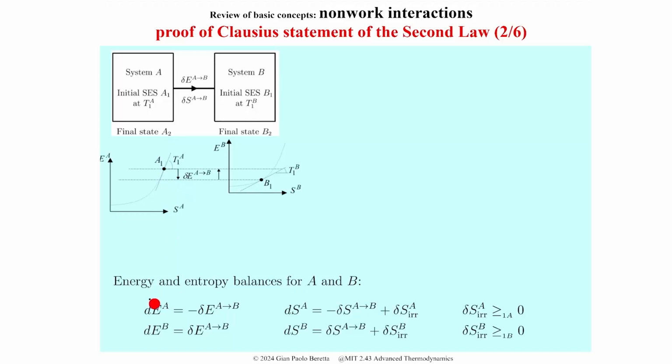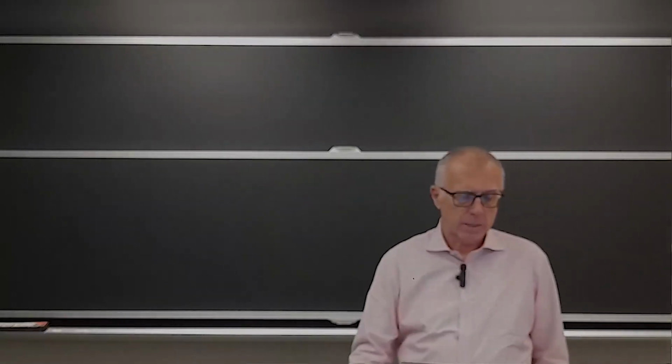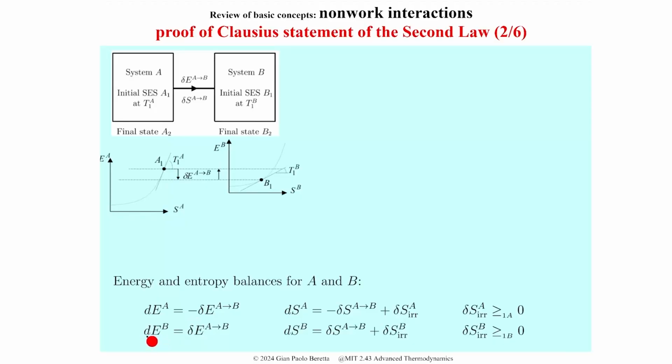If I make the energy balance for system A, it simply says that the change in the energy of A is equal to minus the amount that I gave to B, that I extracted from A. And for system B, its energy change is equal to the amount that it received. Notice the arrows. The arrows tell you that when these symbols are positive, the flow has been in the direction of the arrow.